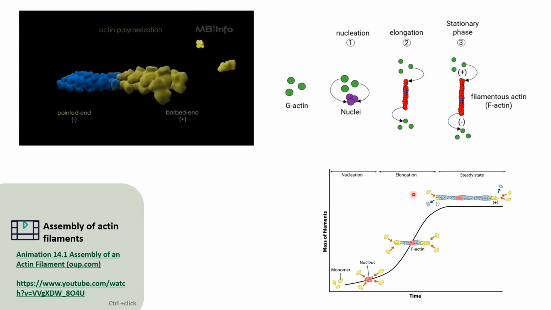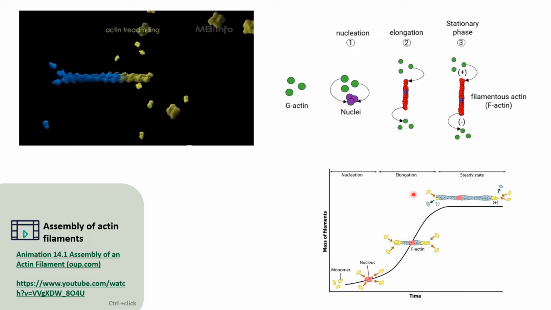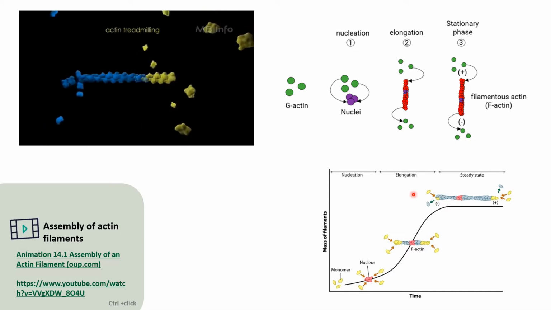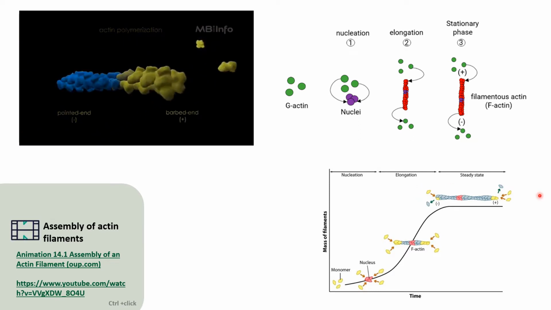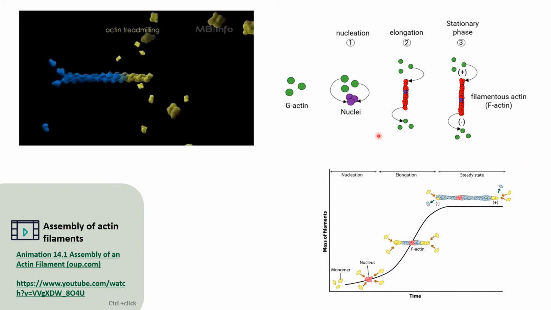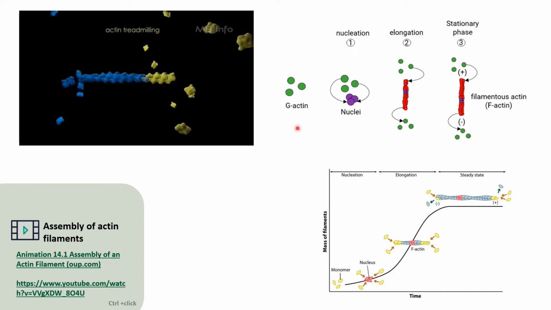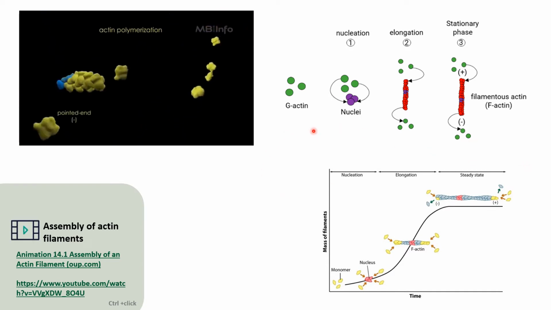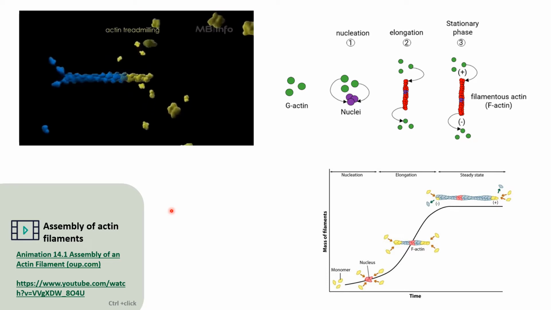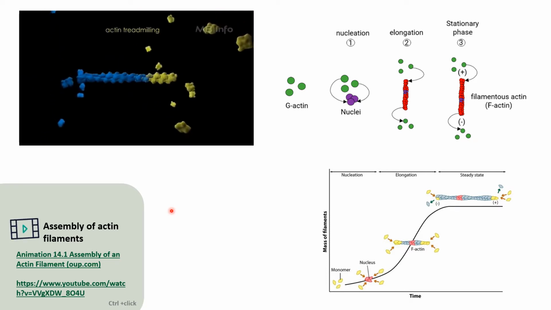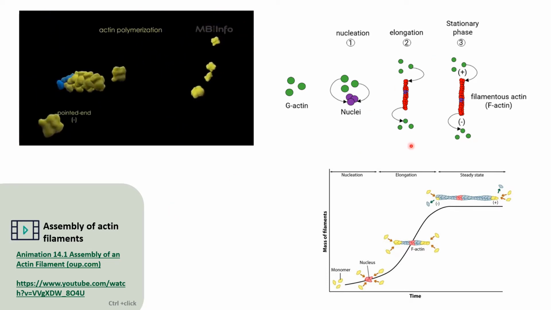It acts as an ATPase, where it binds ATP, which is hydrolyzed to ADP. So once there is ATP, it will bind, and once it loses the phosphate, the P, it will be ADP. So it will be disassociated from the filament.